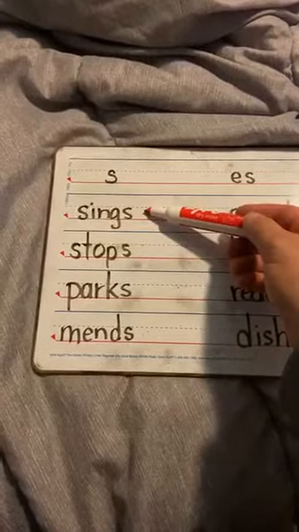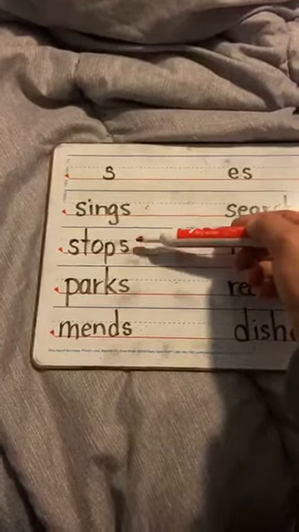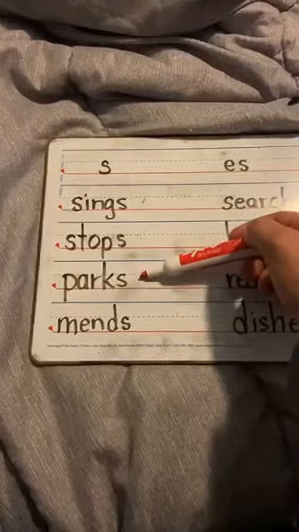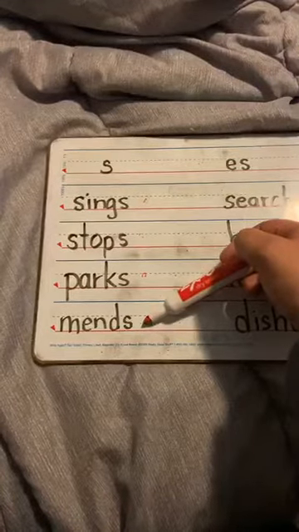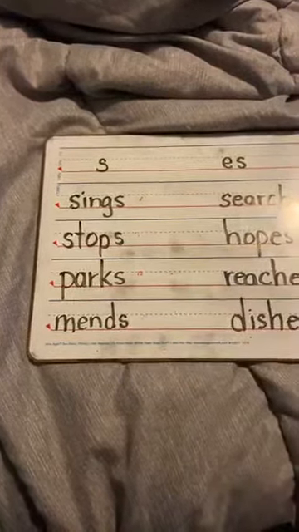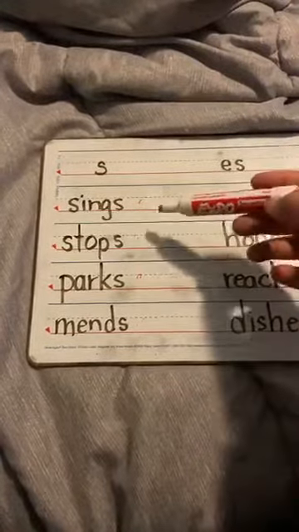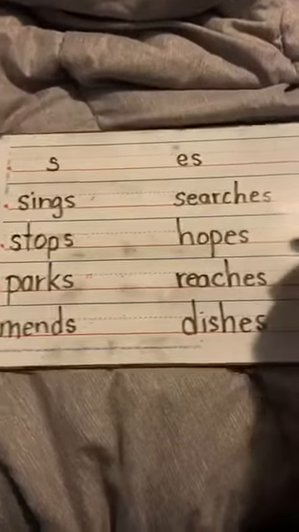Word. Yes, sings. Get ready. Word. Yes, stops. Get ready. Word. Yes, parks. Get ready. Word. Yes, mends. All of these end in the s. They don't end in those special letter ones, so we can just add the s.